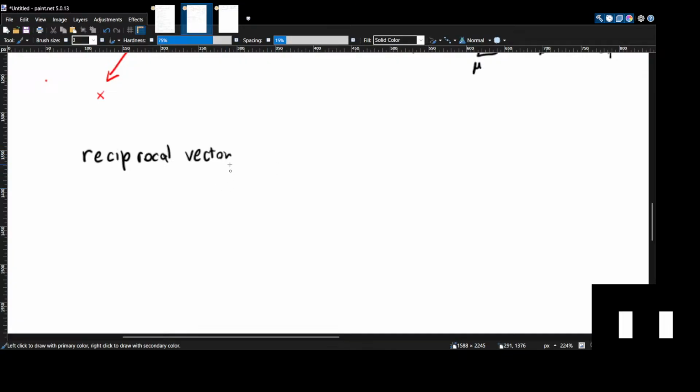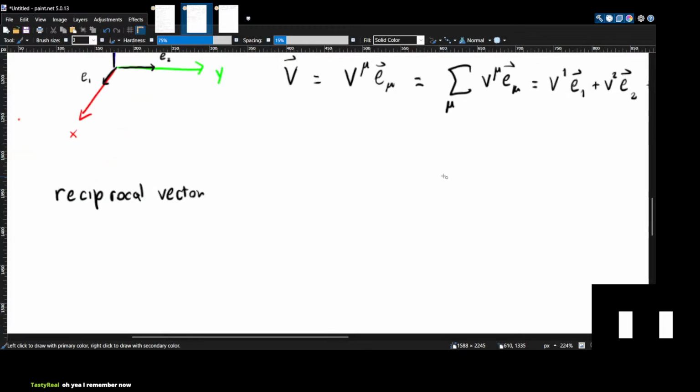But basically, the reciprocal vector is kind of like the 3D version for covariant vectors. No, for contravariant basis. Oh yeah, I remember now. All right.